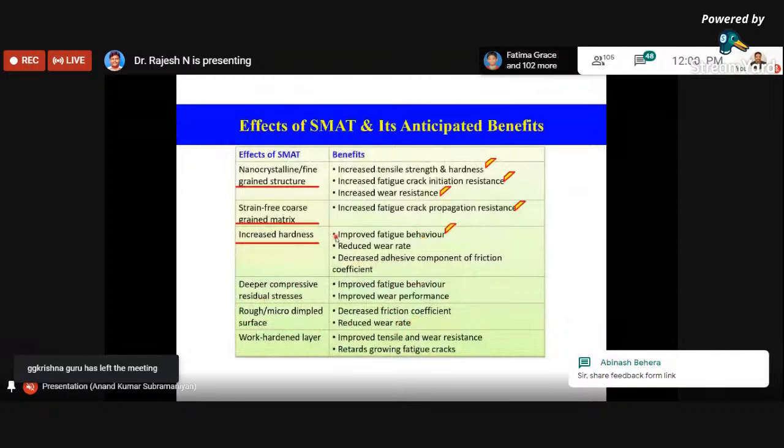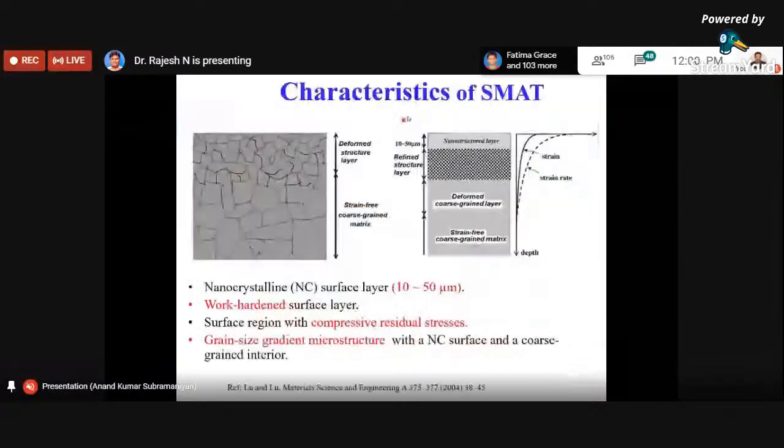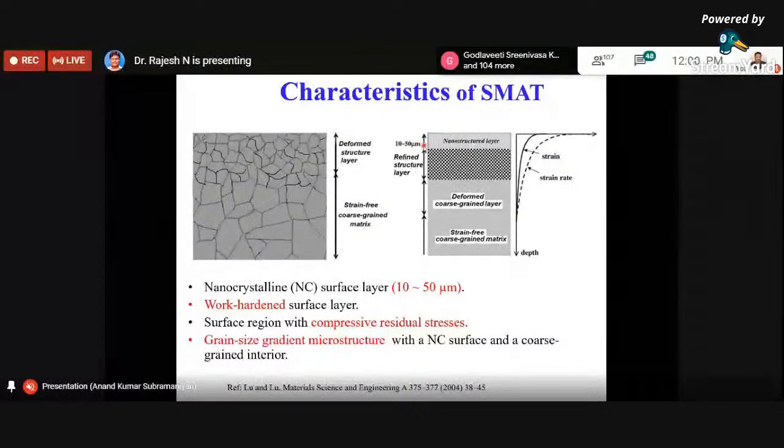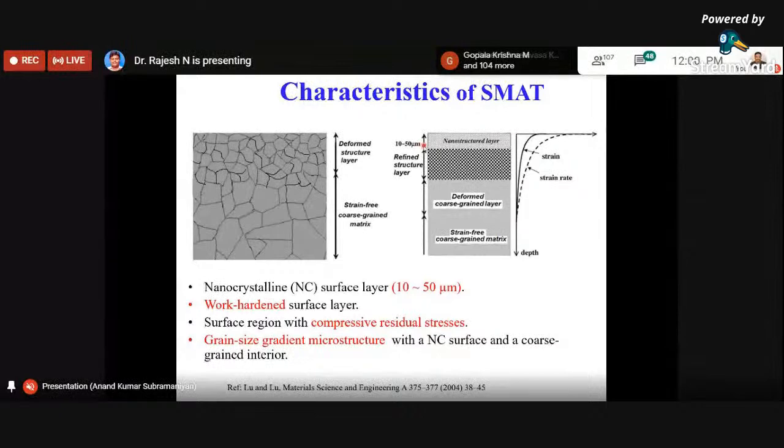So you can see that this nanostructured layer is going to be present for a depth of about 10 to 50 microns. Again, it is just a guideline value, and it depends on the material. If your material is soft, then you can increase this depth to 100 microns, 200 microns, and so on.